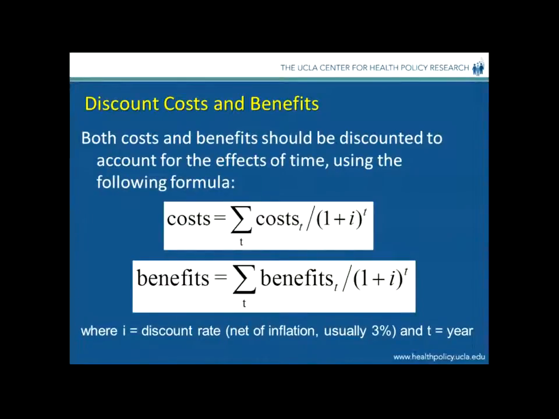The paradox is that because cost effectiveness is cost divided by benefits, if benefits never diminish over time, but costs do, you'll always have a more favorable cost effectiveness ratio if you wait another year. Because next year it'll be cheaper, but the benefits will be the same.